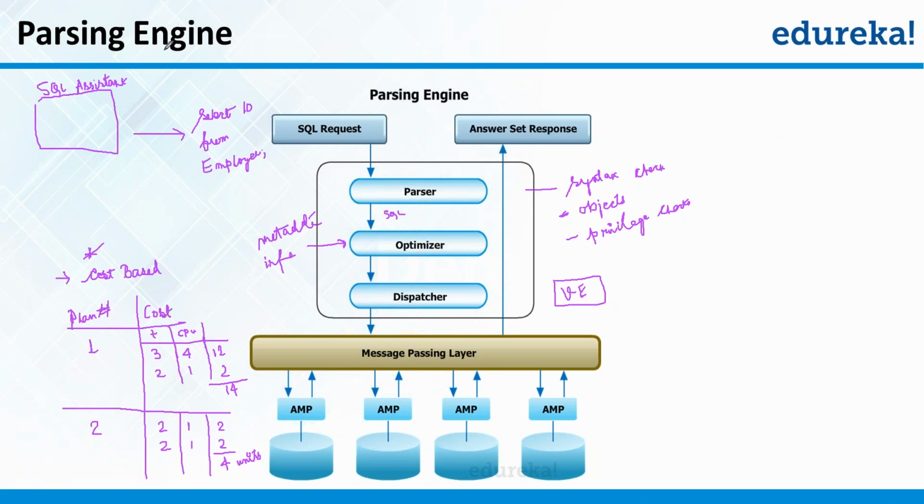There's a question: can we use Toad with Teradata? The best way of using Teradata is to use the native application called SQL Assistant or Teradata Studio Express, the TD Studio software.